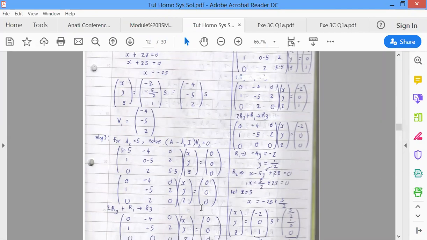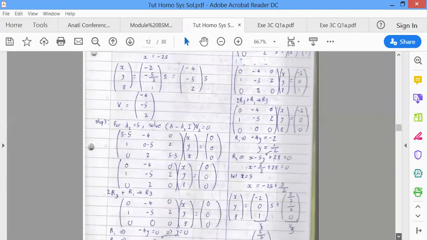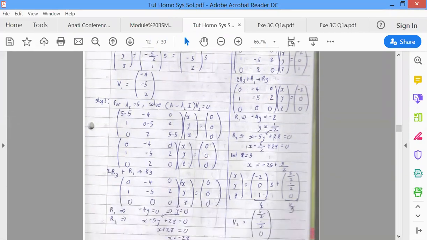Then, if in the previous step you let z equal to s, here for a repeated eigenvalue you have to let z equal to s so that you will get back the same v2, the same eigenvector, and the new eigenvector will be v3. So x will be equal to negative 2s plus 5 over 2.